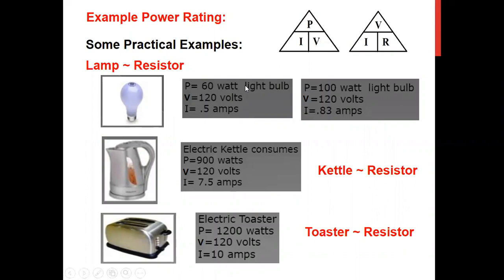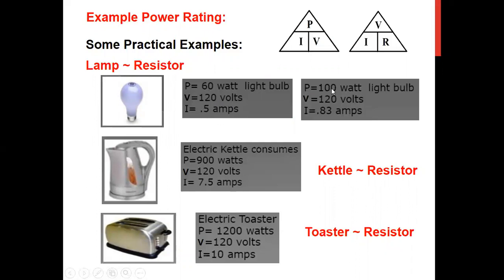We can use P equals IV, and again we can write current as I equals P over V. V is the outlet voltage in our household appliances, the AC voltage usually from the socket of our household wiring. So I equals P over V, so it's 0.5 amperes.